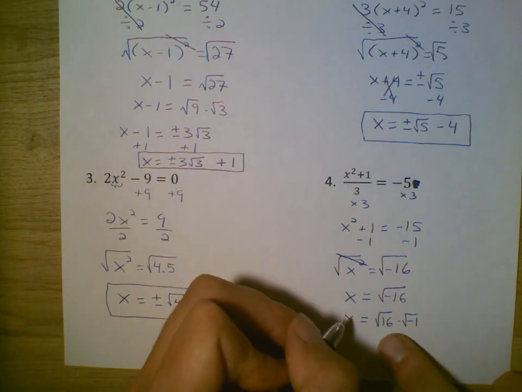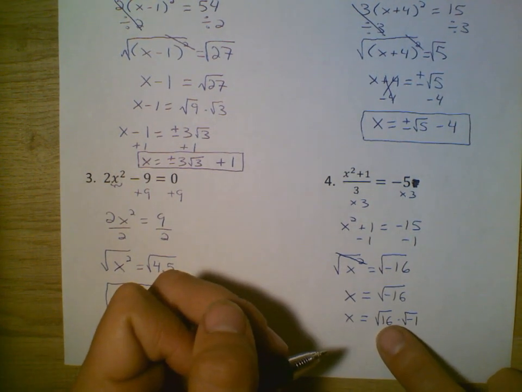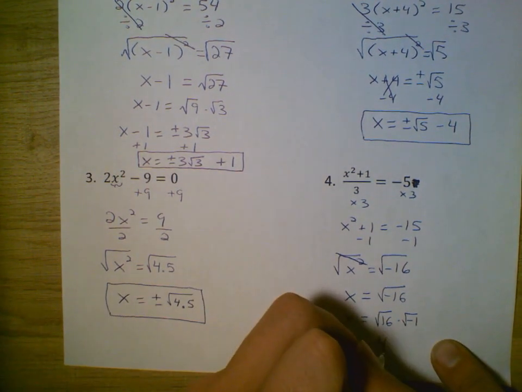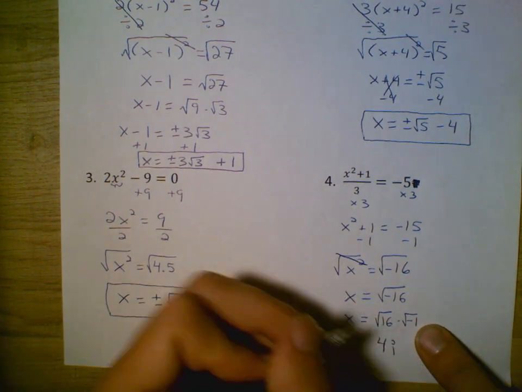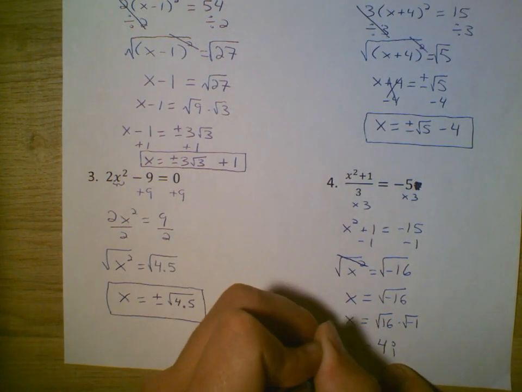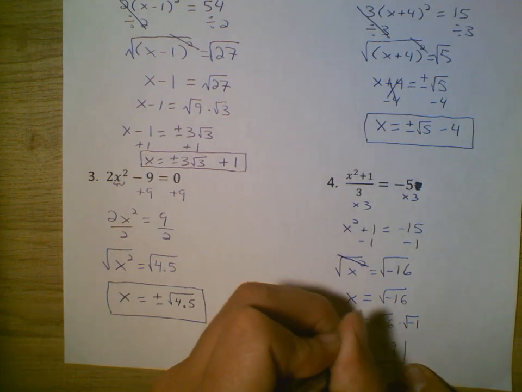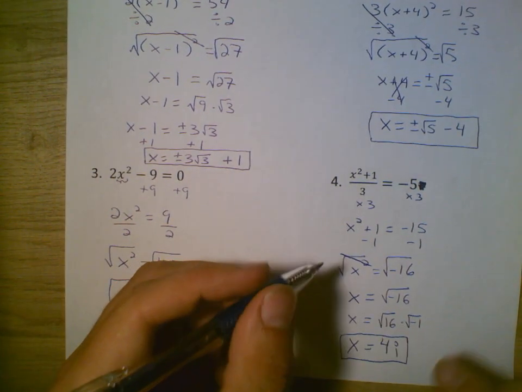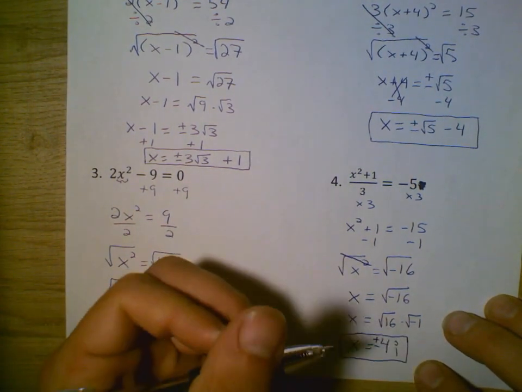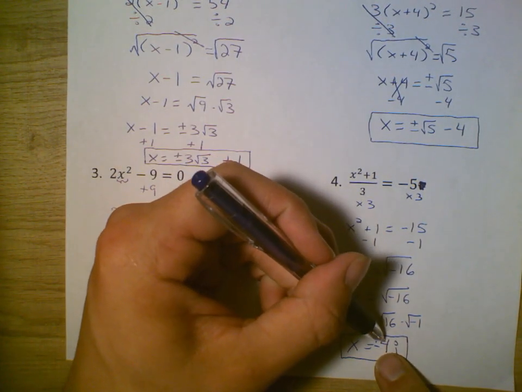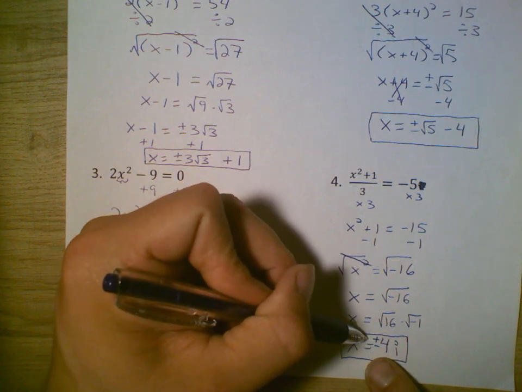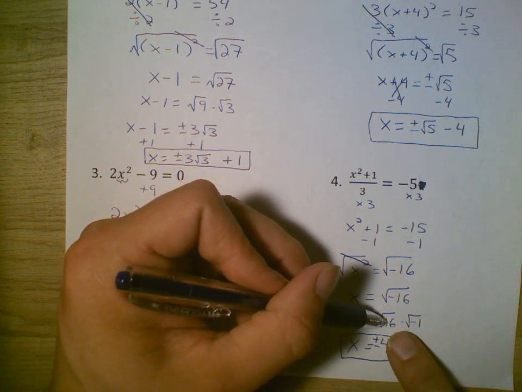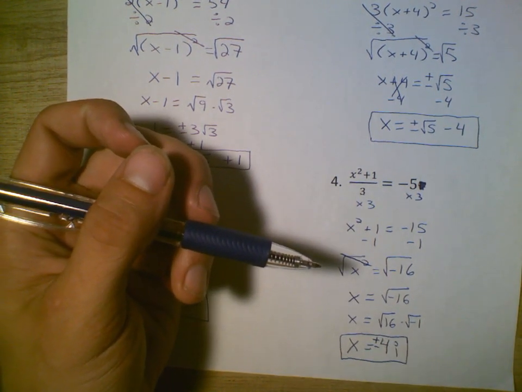The square root of 16, what number squared gives me 16? Well, that's 4. And then the square root of negative 1 is the imaginary unit i. So I get x equals 4i. And then remember, on your answer, you need to put the plus or minus because positive 4, if you square that, gives you 16, and negative 4 squared is also 16. So we have plus or minus there as well.